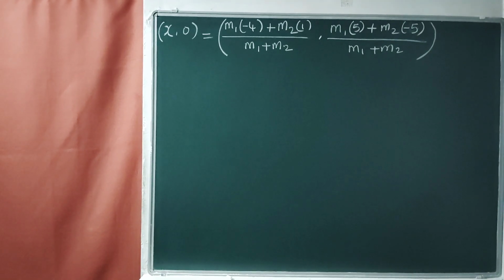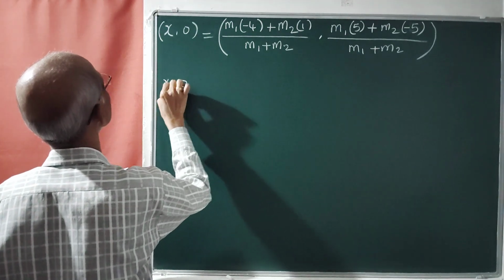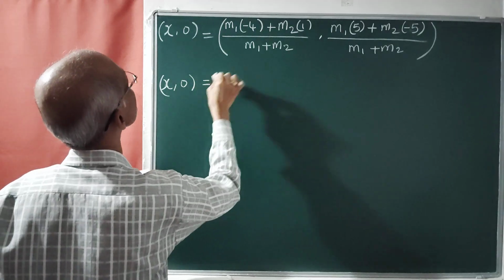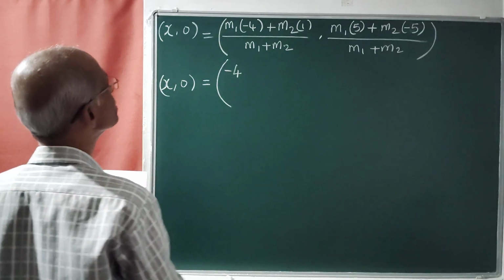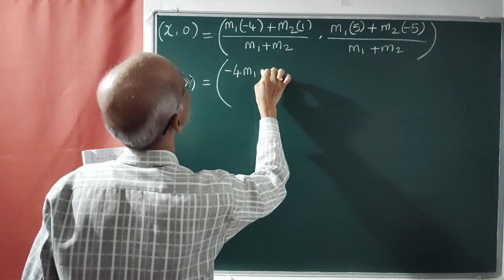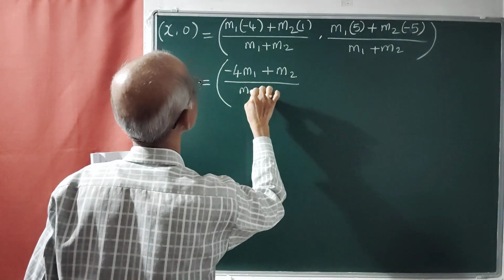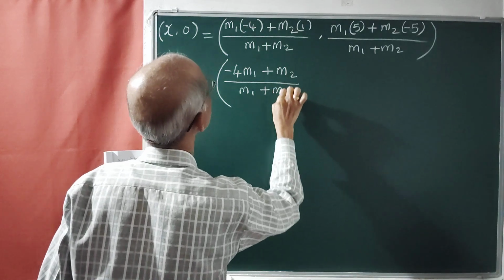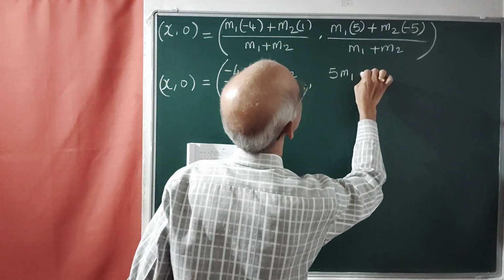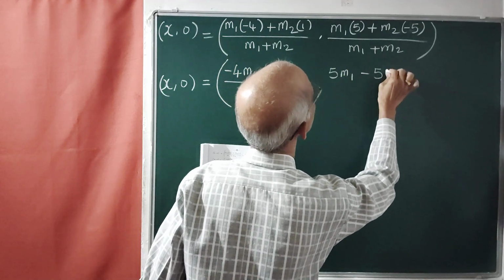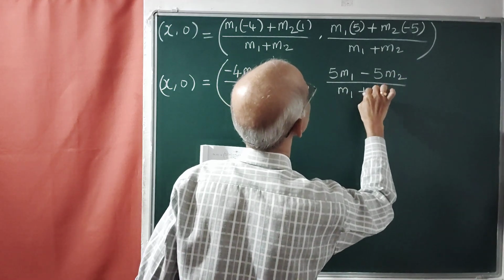Now x is equal to (minus 4m1 plus m2) divided by (m1 plus m2), and y is equal to (5m1 minus 5m2) divided by (m1 plus m2).